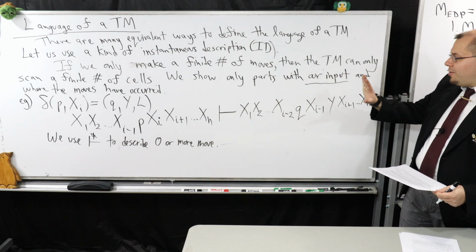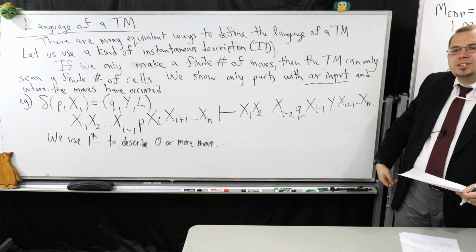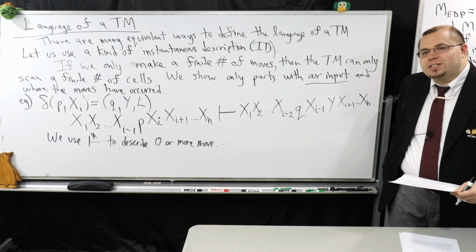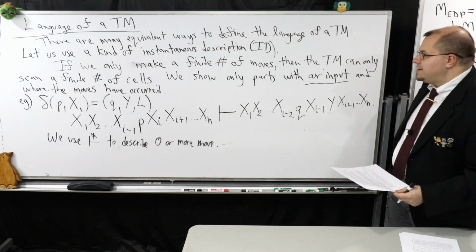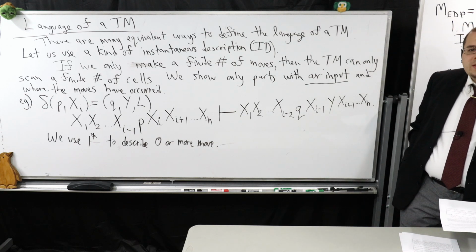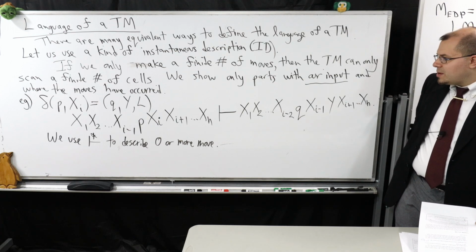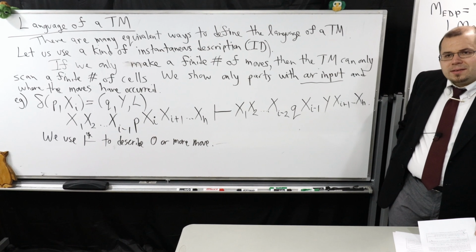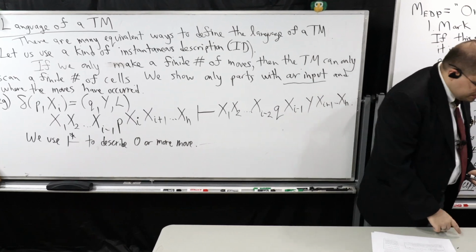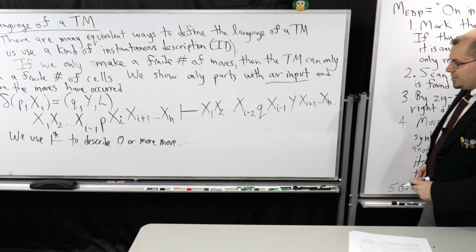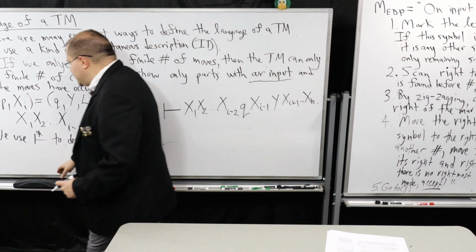Now I want to use this notation to describe to you the language of the Turing machine, at least in the way that we've been using it. So let's proceed over here, and let me formally define this for you.